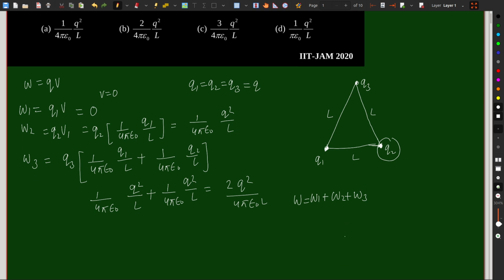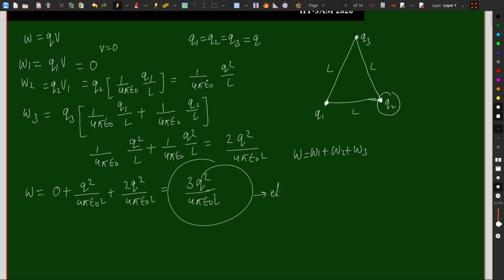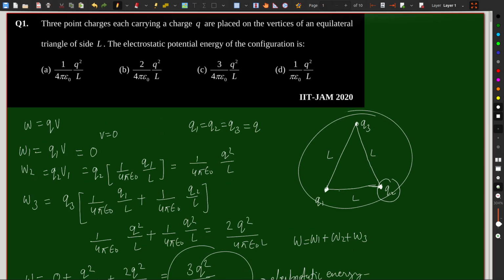So the electrostatic energy is W1 is 0, plus Q square over 4 pi epsilon naught L, plus 2 Q square over 4 pi epsilon naught L. This will become 3 Q square over 4 pi epsilon naught L. So this is the total electrostatic energy for assembling these three charges on the vertices of an equilateral triangle of side L. So C is the correct option.